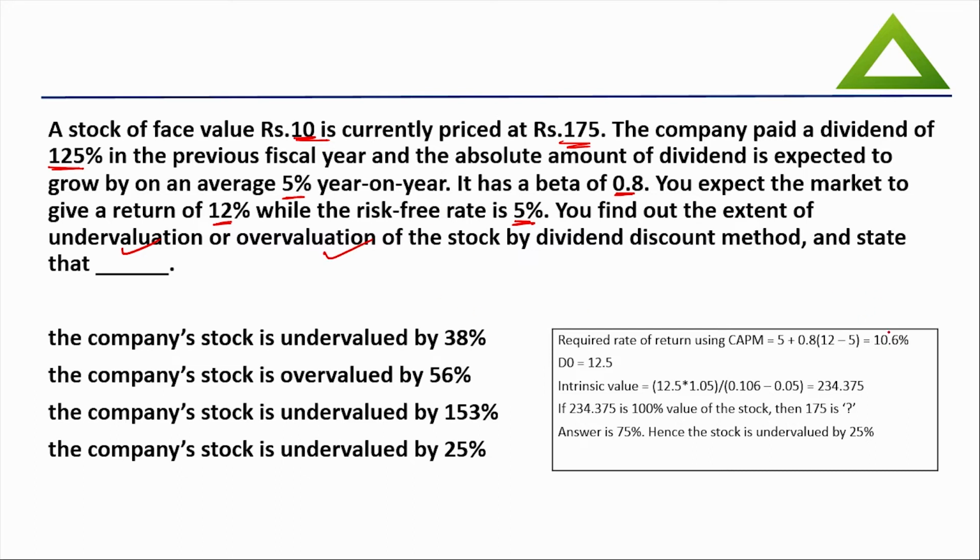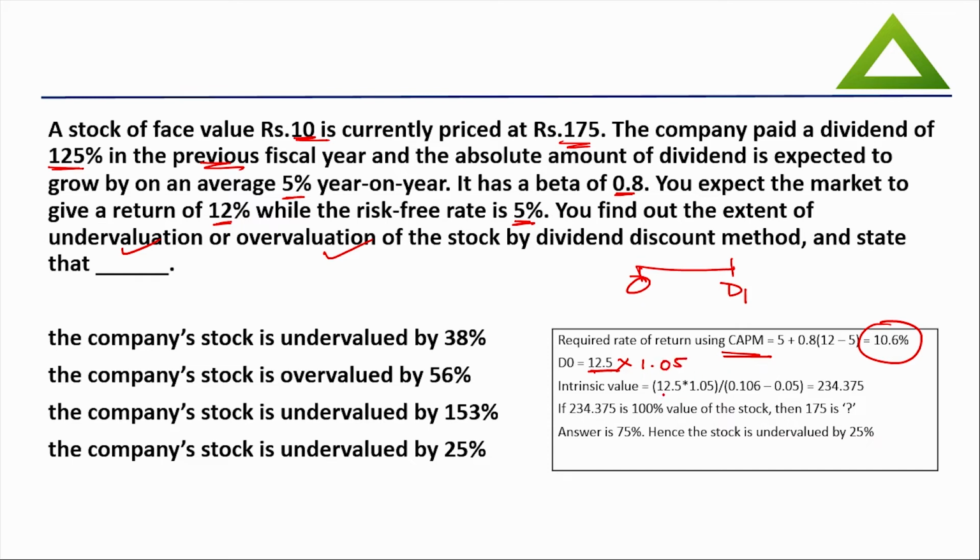Okay, so the first thing we need to find out is the required rate of return. This is the CAPM. D0, I want D1 on the timeline. The given dividend of the previous fiscal year means it is D0. So first I find D1: this into 1.05.